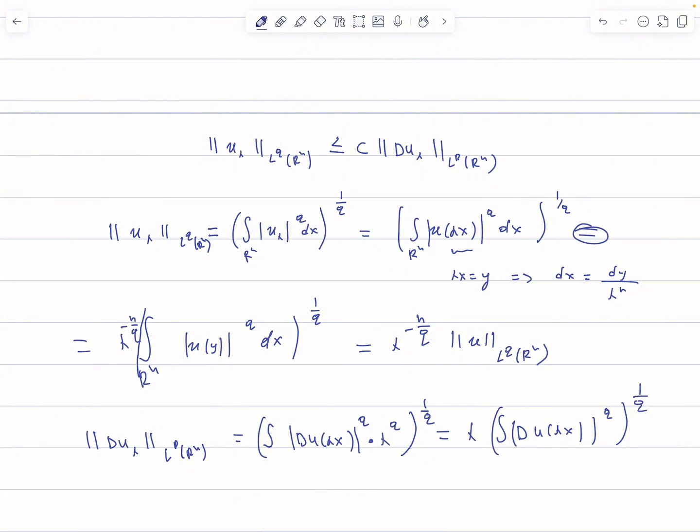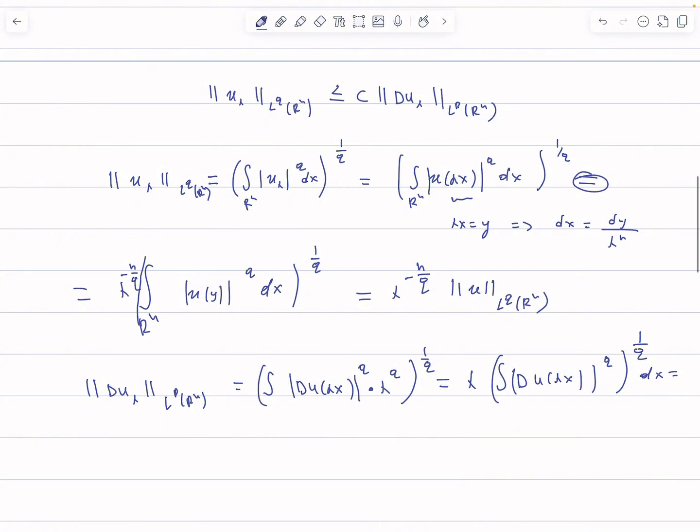Then when we change variables again, we get lambda times the integral of |Du(y)|^p times lambda^(-n), to the power 1 over p.